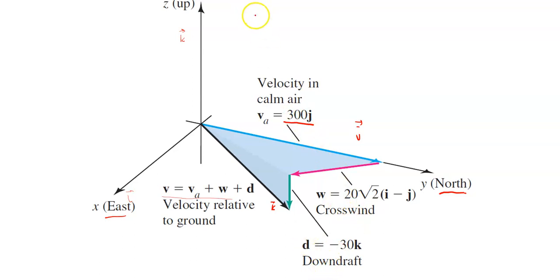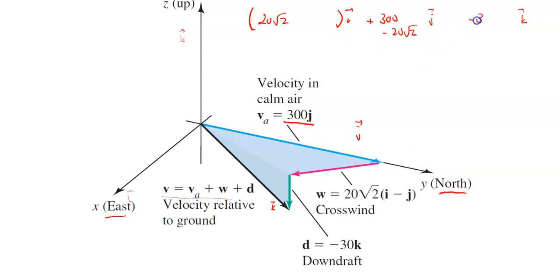So combine like terms together. Here, I'm going to make a spot for I's, J's, and K's. There's 300 in the J direction, that's positive. There's 20 square root of 2 in the I direction, that's positive. There's negative 20 square root of 2 in the J direction.